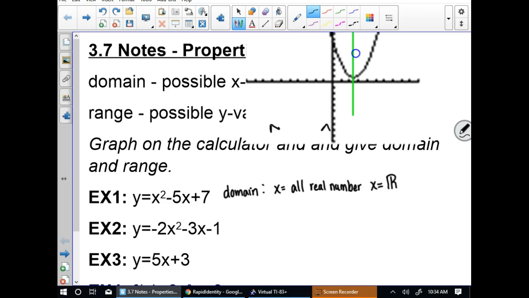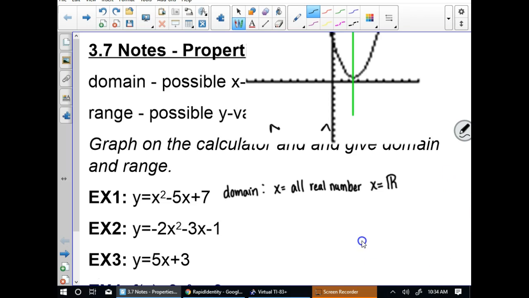That means all real numbers. Mathematicians are lazy and don't like words, so they try to avoid them as much as possible, so they make symbols that mean words. So I like that. That's one of my more favorite math symbols. Need some earrings, like that. So that's one way that you'll see this written.